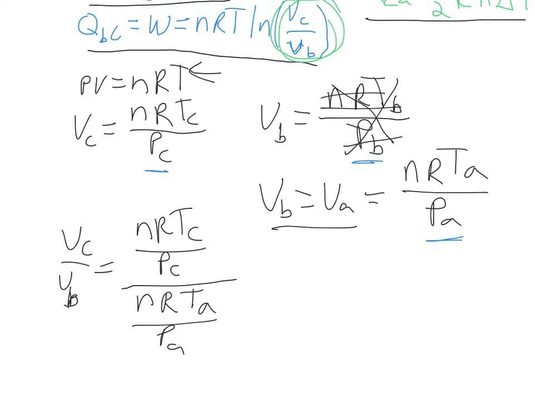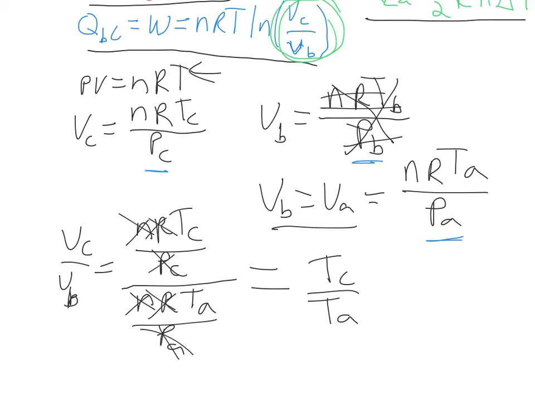N and R can cancel out, and PA and PC can cancel out, and so VC divided by VB is just equal to TC over TA.